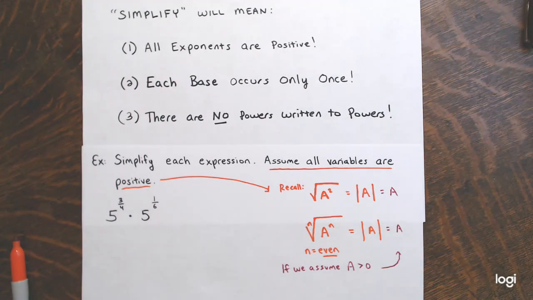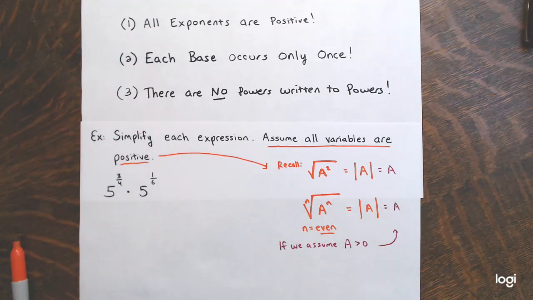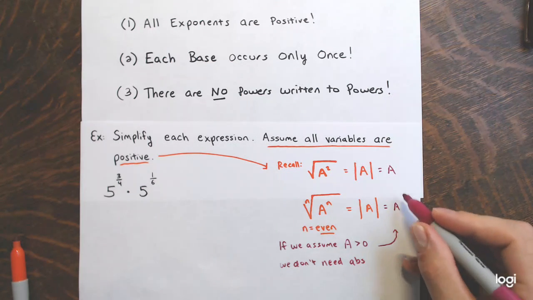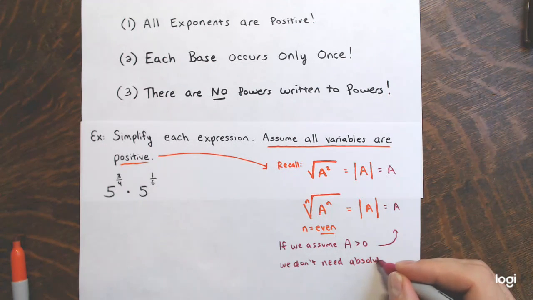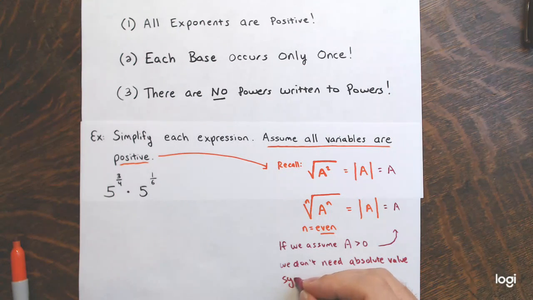Anytime you see a fraction power, you're dealing with radicals. I showed that in the last couple videos, the relationship between those. So if we assume that all the variables are positive, we don't need the absolute value symbols to ensure that our result is non-negative. Just keep that in mind if you ever see that instruction. You don't need the absolute value.